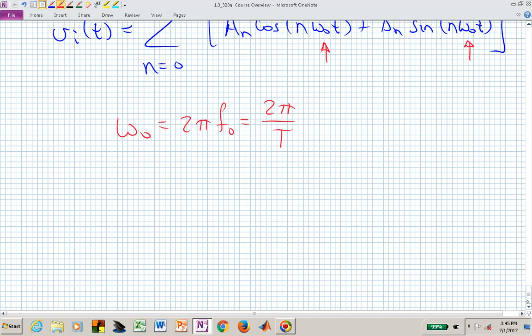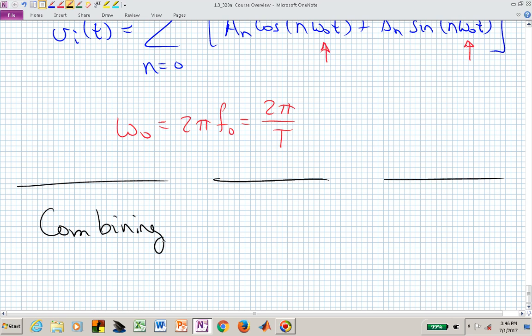Once we have this, and as I said, we'll be comfortable with analyzing how a system performs or behaves relative to sinusoidal excitations, we can now combine these concepts. We can combine the concept of a Fourier series representation of a periodic waveform. So we now have a Fourier series of V sub I of t.